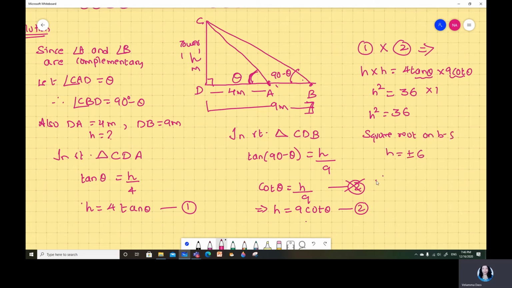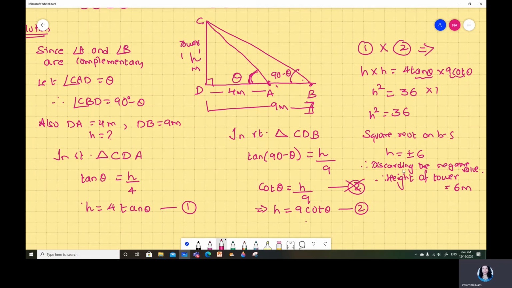We'll consider the positive value, as we know the negative value we don't consider. Since height cannot be negative, the height of the tower is 6 meters.